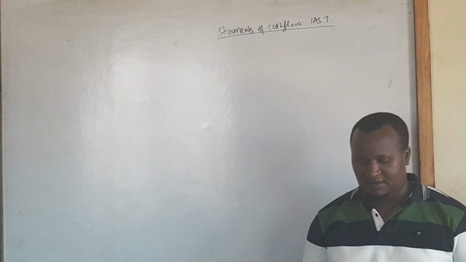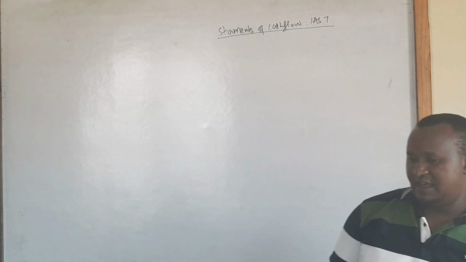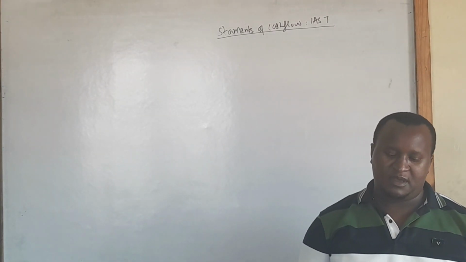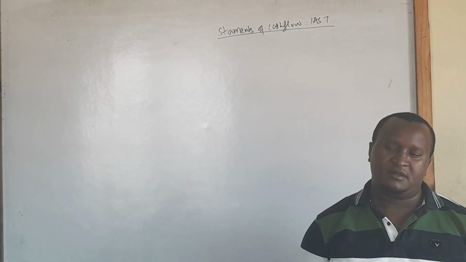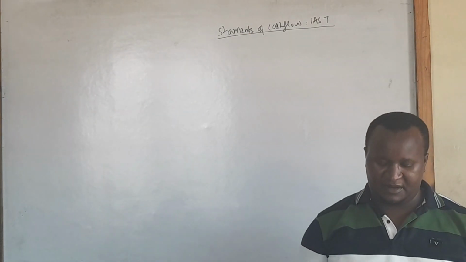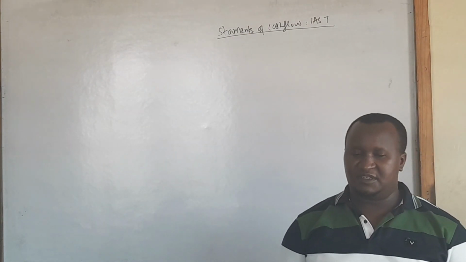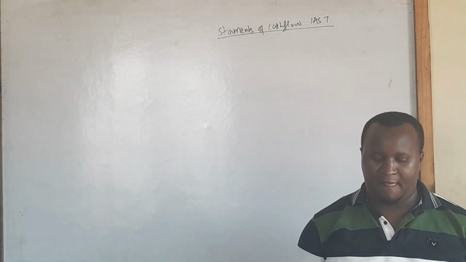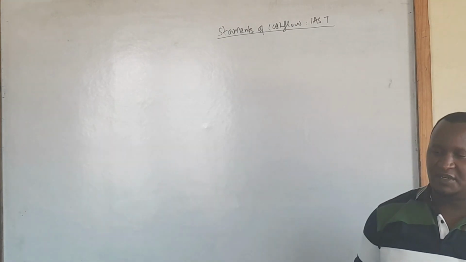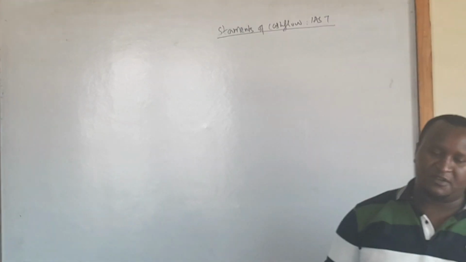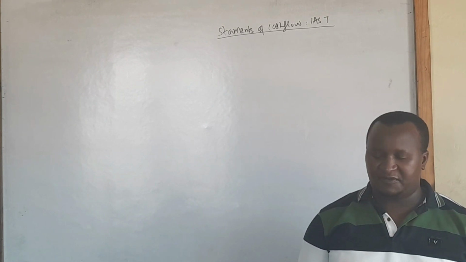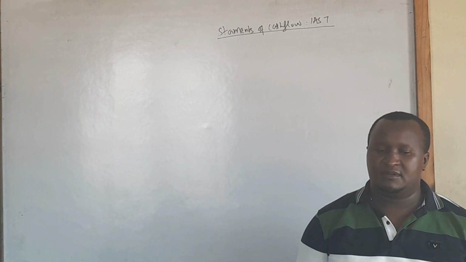Another statement. IAS number 7, International Accounting Standard 7, requires a cash flow statement to be classified into three categories. Number one, cash flow from operating activities.